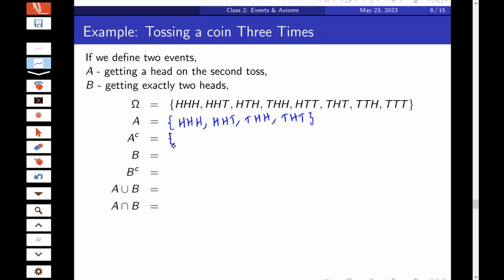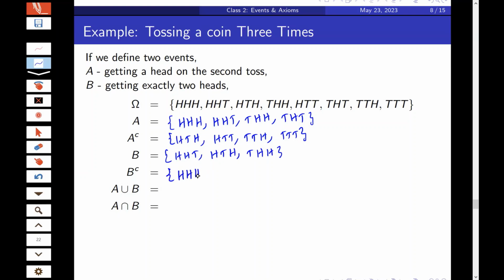A complement is HTH, HTT, TTH, TTT, and B is exactly two heads: HHT, HTH, and THH. And B complement is all the items except these three.